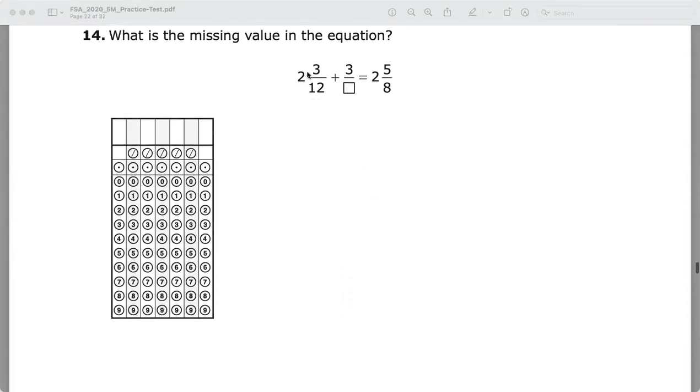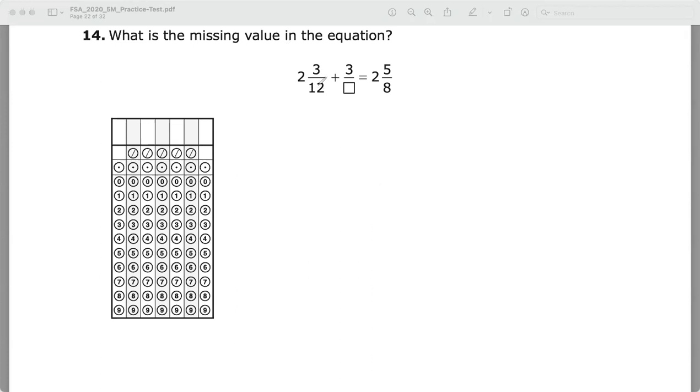Okay, what is the missing value in the equation? Looking at my final number, I have mixed numbers, fractions, and I know that the final fraction has an 8 for a denominator. So I'm going to make my denominators on the left-hand side also equal to 8 to see if it works out.